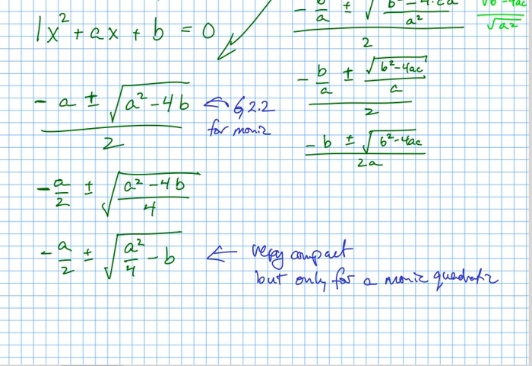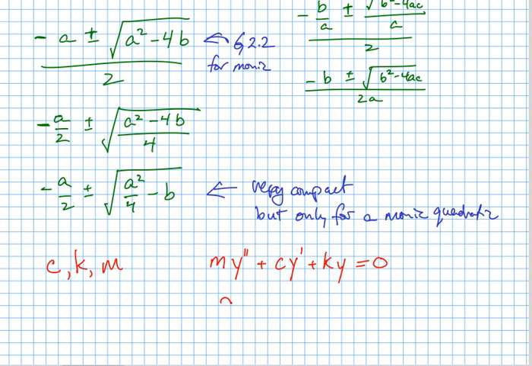And then he'll introduce this other segment later. He will also put in the letters C, K, and M, where it looks like either M y double prime plus C y prime plus K y equals 0 for the differential equation, which we'll see has a characteristic like that.